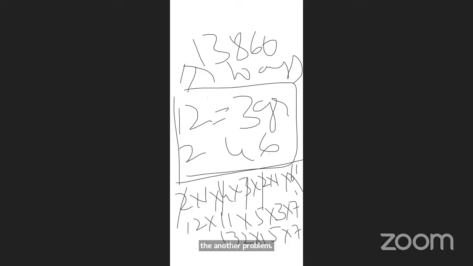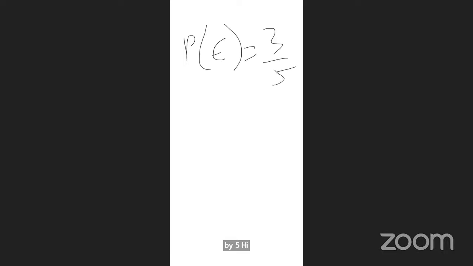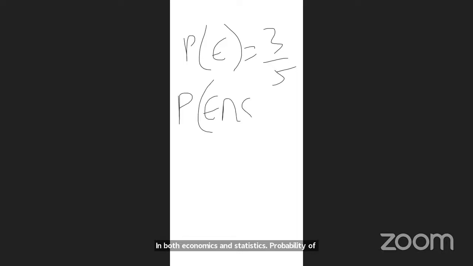Now, the probability that a student passes an economics test is 3 by 5. The probability of passing in both economics and statistics is 2 by 5.